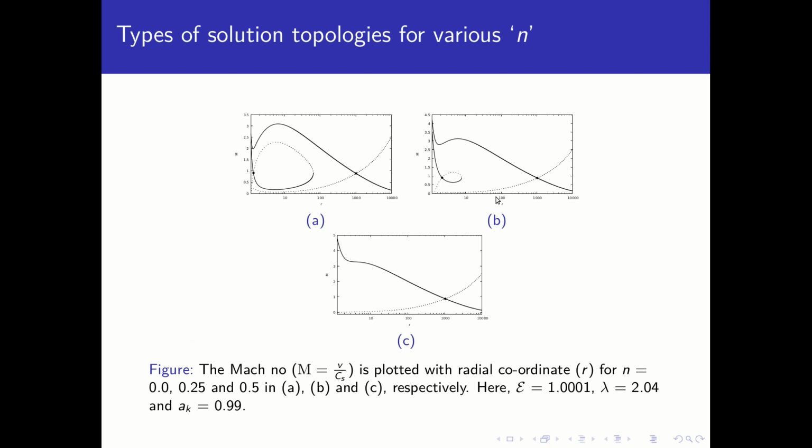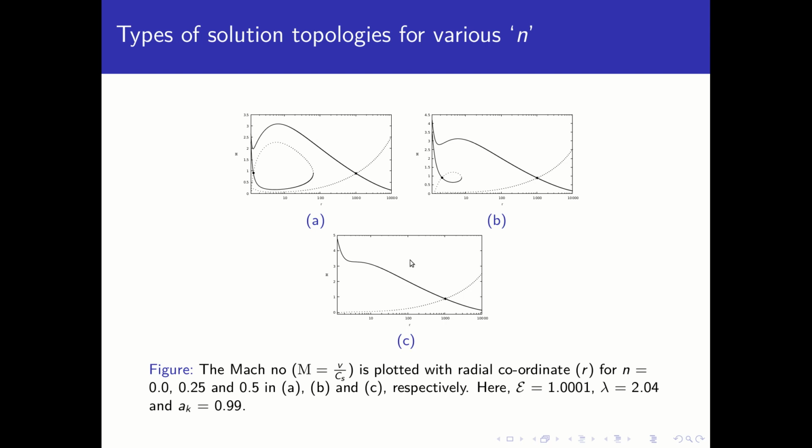Here we see how the solution topology behaves if we fix the Kerr parameter and change the NUT parameter. This is for the lower value of the NUT parameter, 0.0, this one is for 0.25, and this is for 0.5.